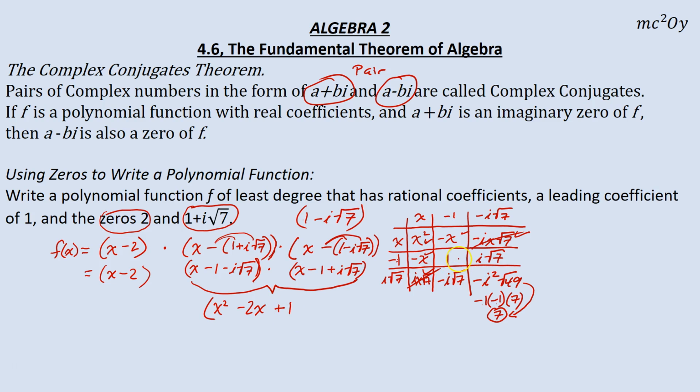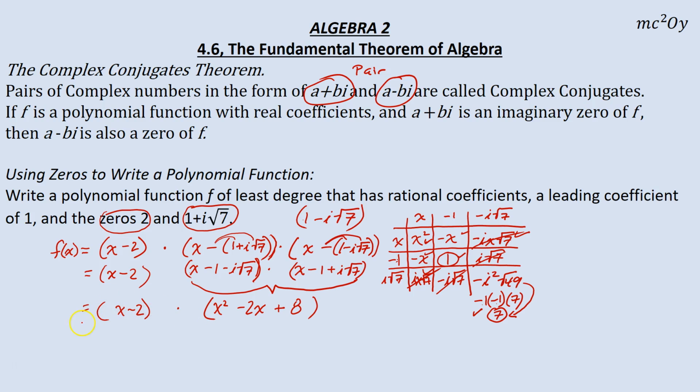We have negative i root 7 and positive i root 7. Those two cancel. And from down here, I have 7. Oops, I just want to check that off. So another plus 7. So that whole thing is actually x squared minus 2x plus 1 and 7 is 8. That 1 and that 7 go together. And all that times x minus 2.